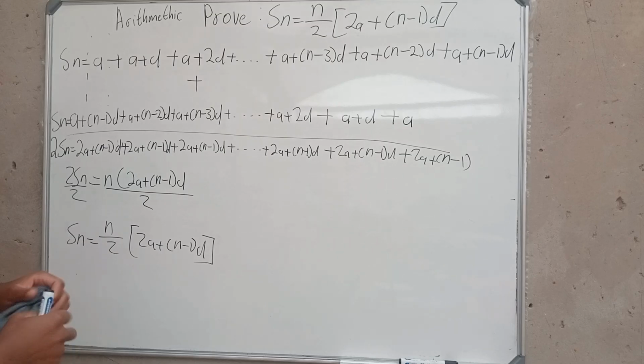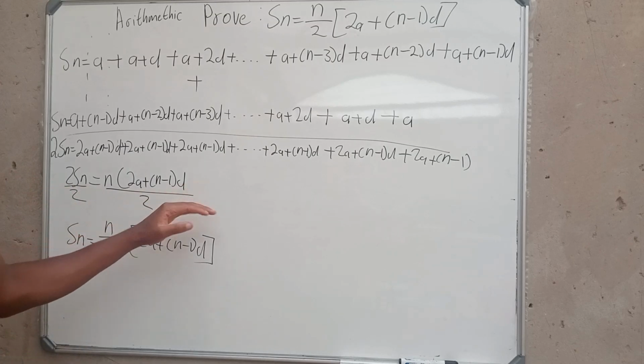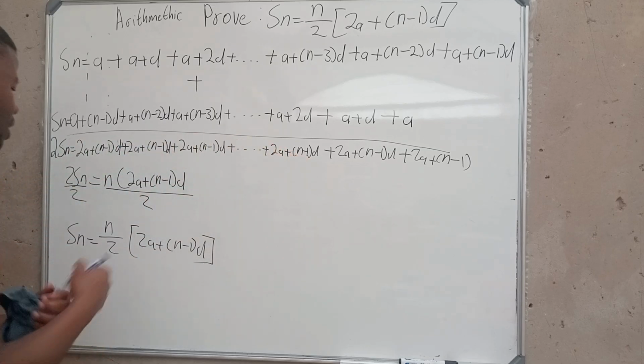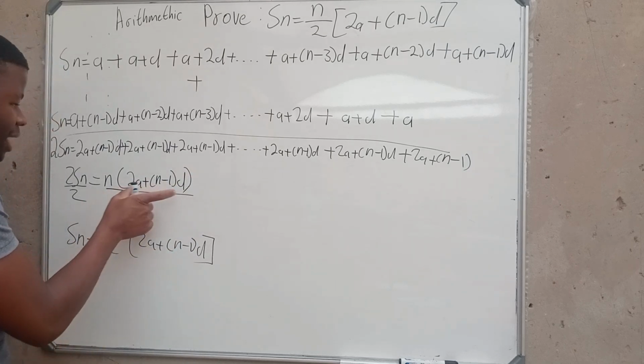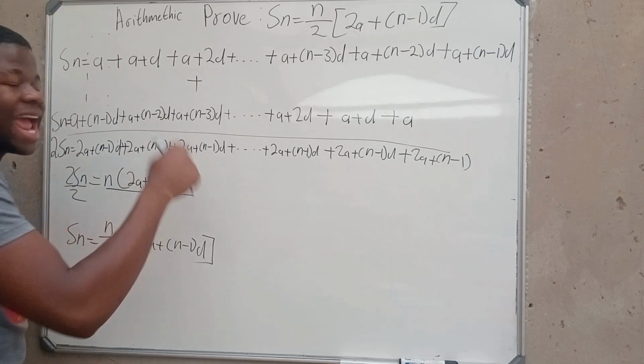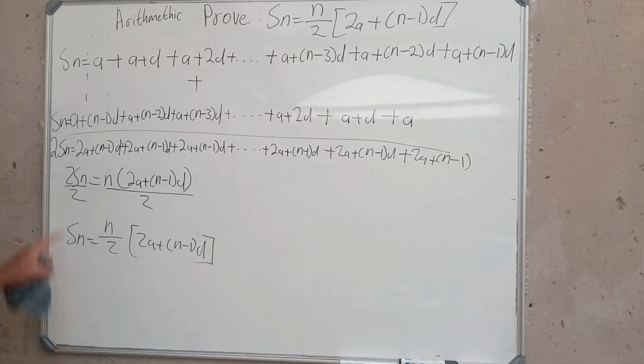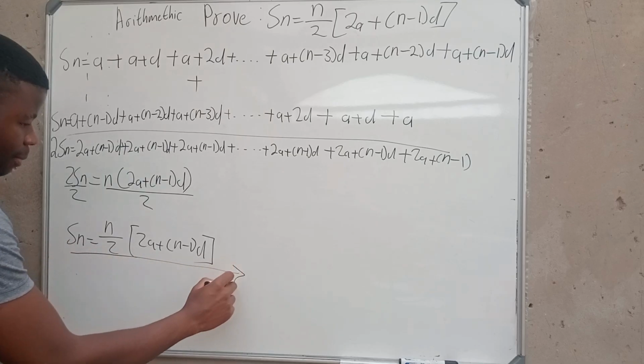And therefore, you write the fourth step, where you have simplified this thing. For me to get this, I must have n times these things. And therefore, you divide by 2 to make Sn the subject of the formula, and you end up with this guy right here.